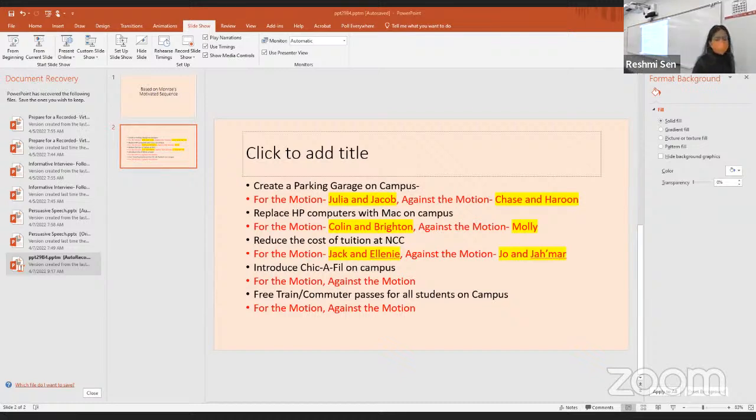This was Maslow's hierarchy of needs: physiological needs, safety needs. Here you go. This is it.